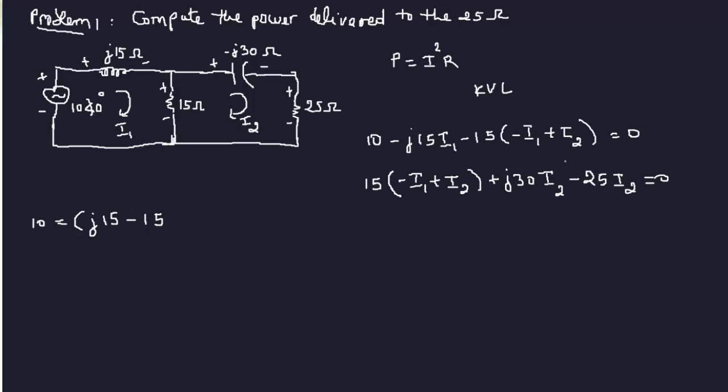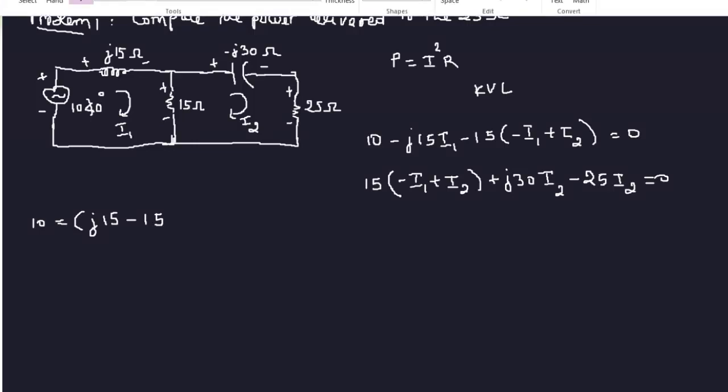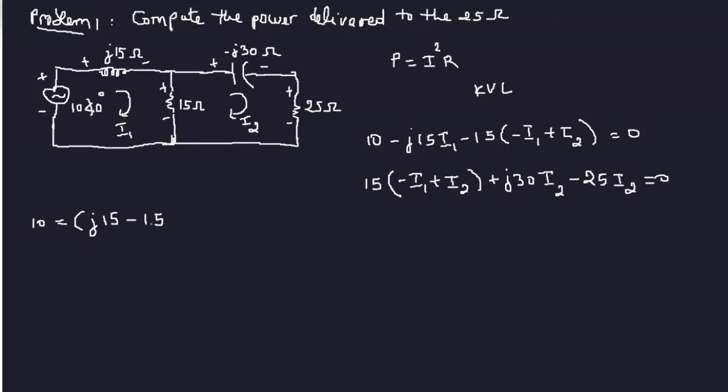Because you're bringing this to the other side, so it'll be J15, which will be positive, and then you have minus 15 I1. Oh, actually both I1s multiply. So minus 15 I1 like that. Okay, and we have plus 15 I2. Right, and you guys can peer check me too if I don't get the signs right.